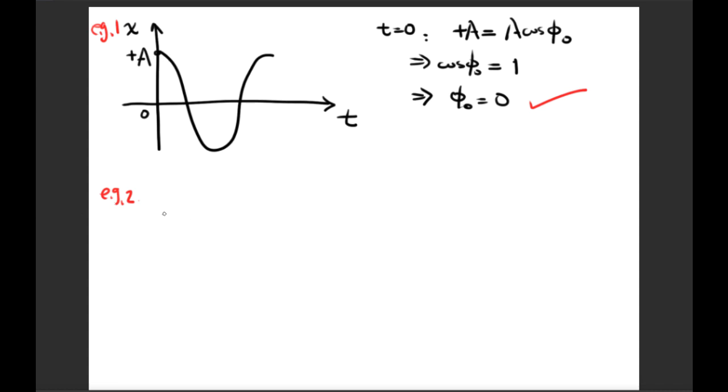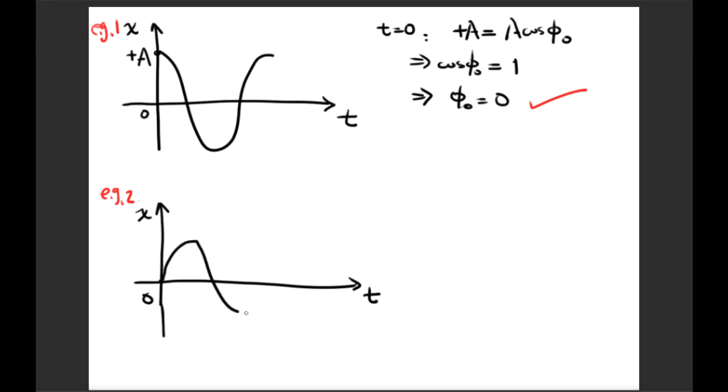Now, in the second example, suppose the object has this oscillation diagram, as a function of t, and the object starts oscillating like that.